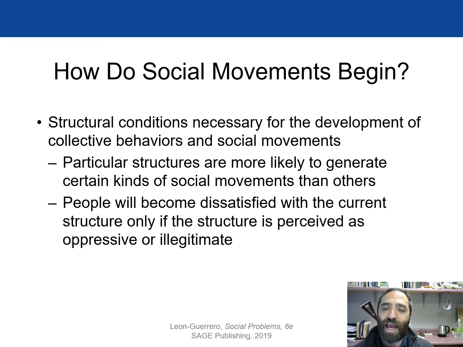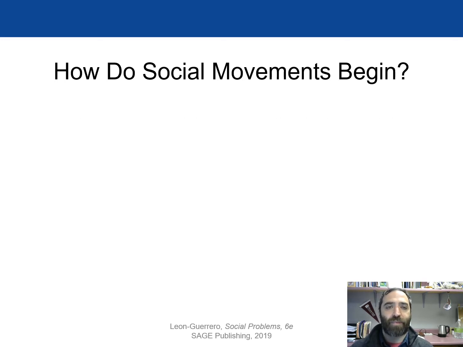That is why they have so much more. And if the society buys that, then no social movement is going to happen. It's only when the structure is perceived as illegitimate, this is not true, this is not just, this is harmful, that we have a situation where a social movement can begin.